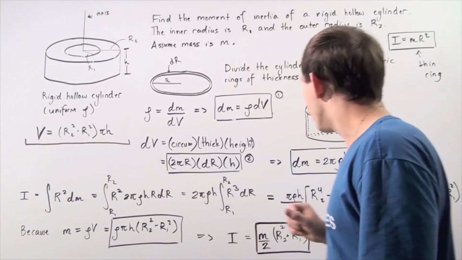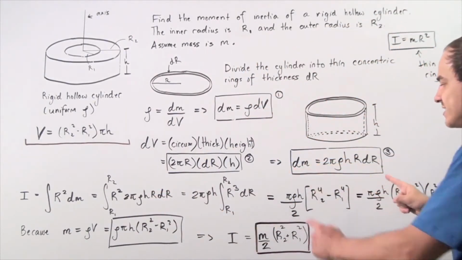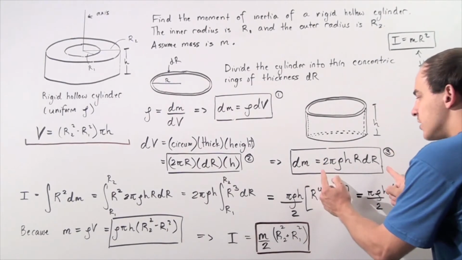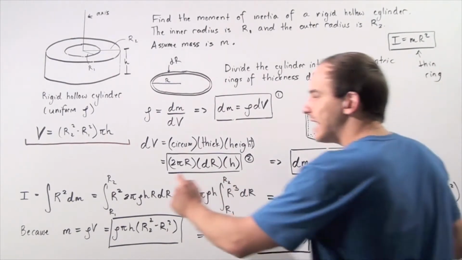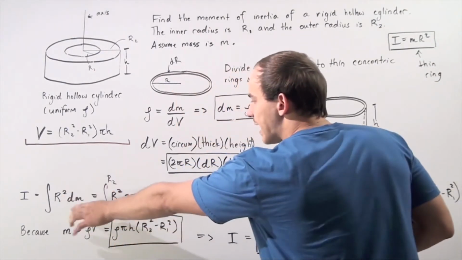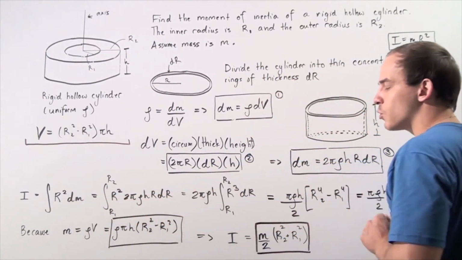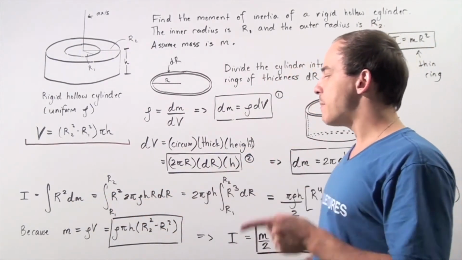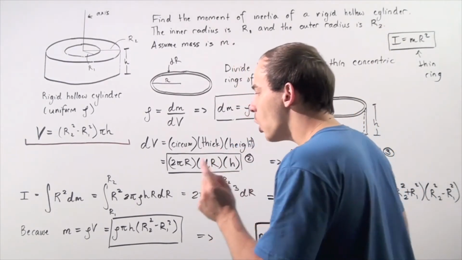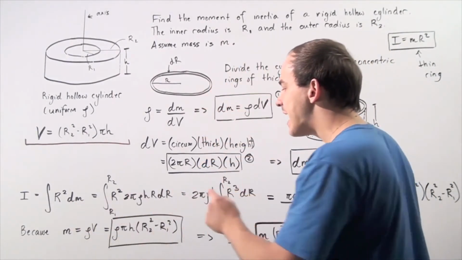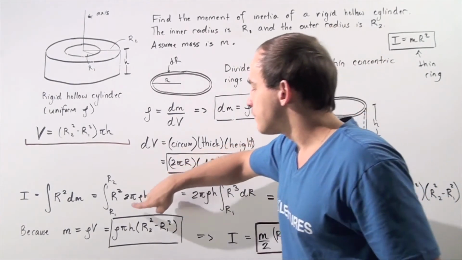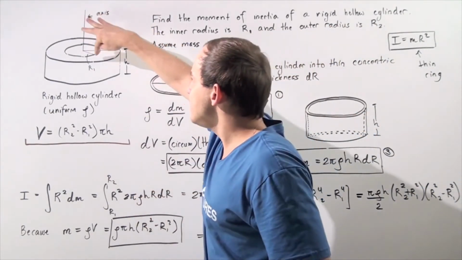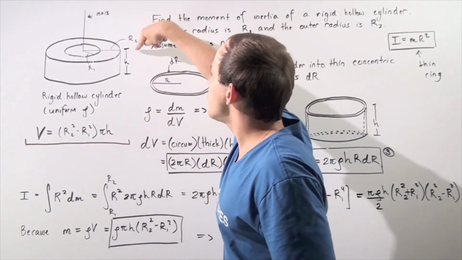Now we note that dm is equal to this entire value. So we take equation 3 and plug it into the dm value here, and we get the following equation. Now we're taking our integral with respect to r, so we no longer have dm, but we have dr. And we take it from r1, the inner radius, to r2, the outer radius.